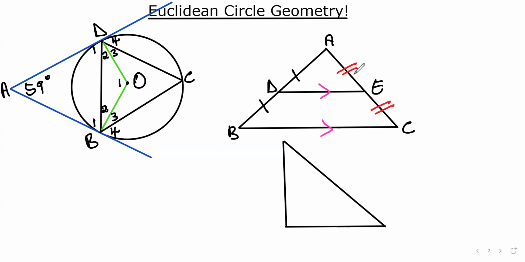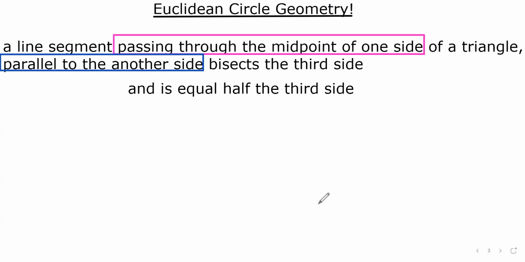Then this theorem says it's going to bisect AC, which means it cuts AC into two equal halves. And furthermore, this line is going to be half of this other side. That's what we are saying. And every time you use this theorem, the reason you must use is midpoint theorem. Terribly important.